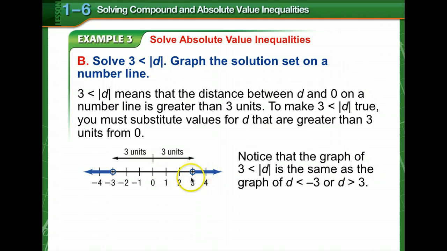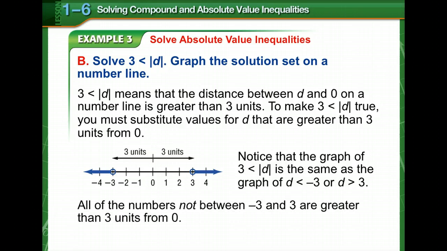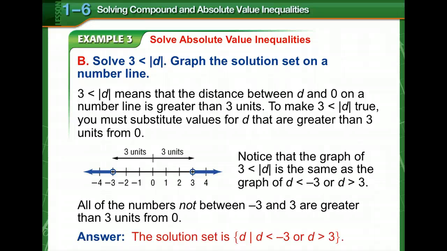It's greater than 3 units from 0, and it's also less than -3. All of the numbers not between -3 and 3 are greater than 3 units from 0. So our solution set reads d such that d is less than -3 or d is greater than 3.